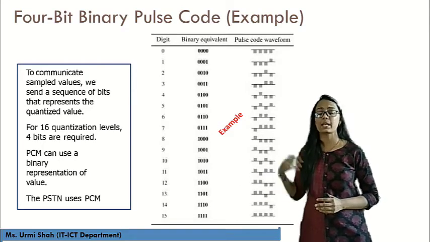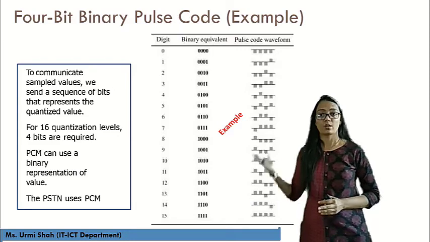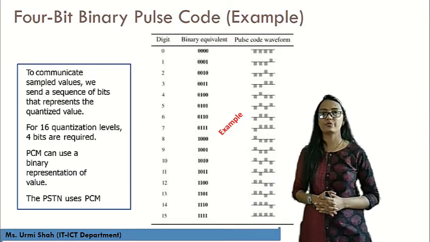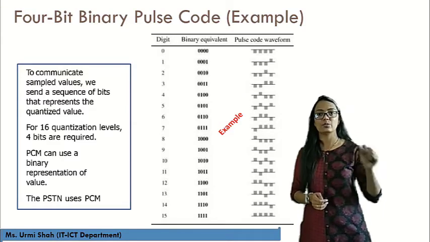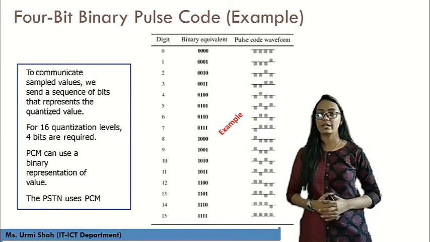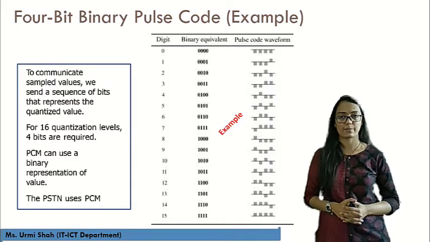Now PCM can be used as a binary representation of values. So here, if the binary equivalent of digit 0 is 0000, that means your pulse will be low everywhere, as you can see in the first example.